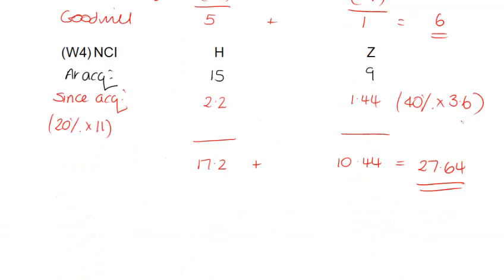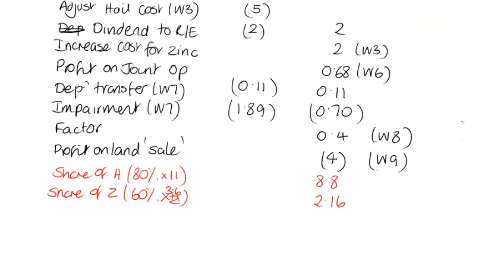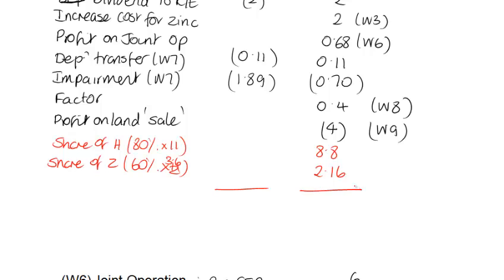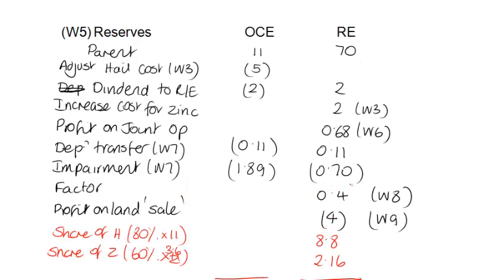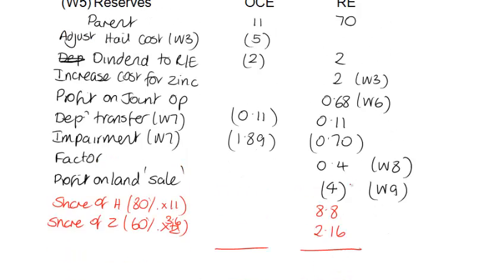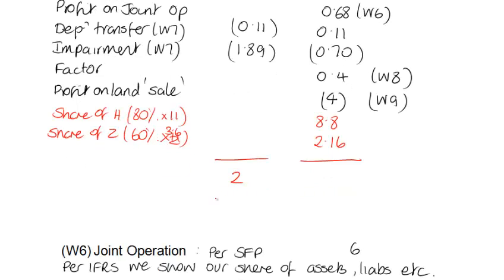For retained earnings and OCE, OCE somehow works out as 2 exactly, after all of those adjustments we put through.